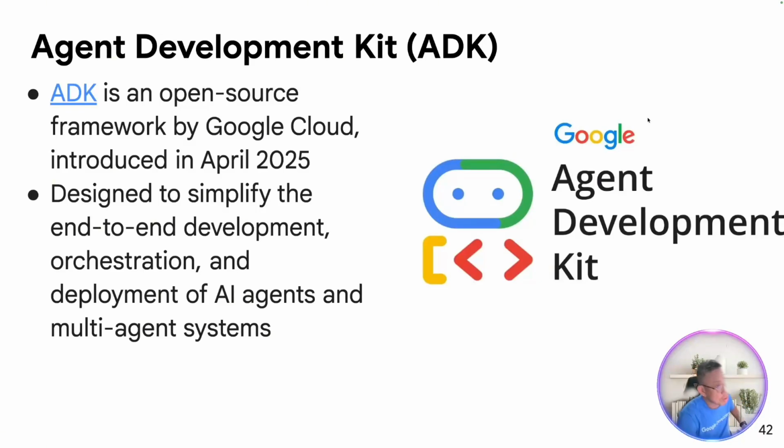The next one I want to talk about later, because I'm going to demo using ADK. ADK is another open source framework from Google. It was introduced about a year ago, in April 2025. The whole purpose of ADK is to simplify the development of agentic applications, with end-to-end development, orchestration, agent deployment, and multi-agent support, and it is open source.